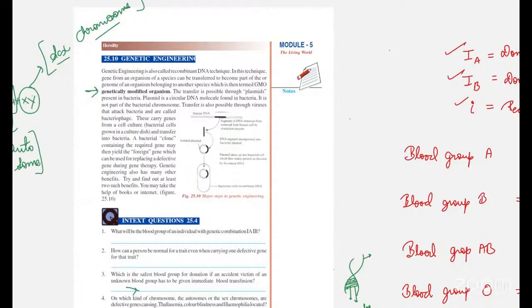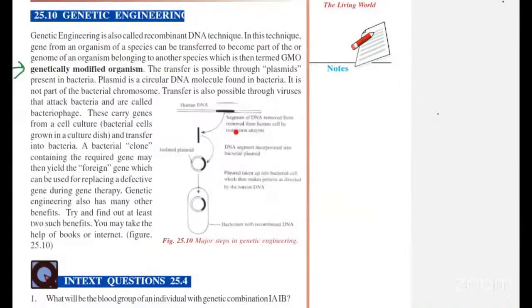But before that, I want to give a small introduction. What happens is, if you want to transfer a desired gene, the segment of DNA is removed from the human cell by a restriction enzyme.